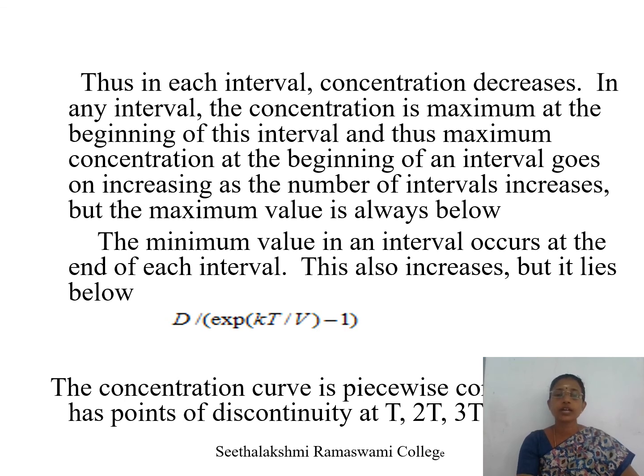But the maximum value is always below D divided by (1 - e^(-KT/V)). The minimum value in an interval occurs at the end of each interval. This also increases, but it lies below D divided by (e^(KT/V) - 1). The concentration curve is piecewise continuous and has points of discontinuity at T, 2T, 3T, etc.